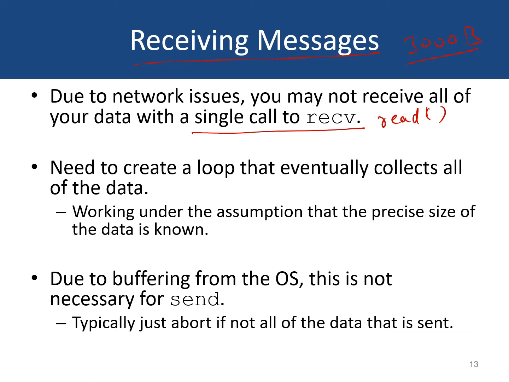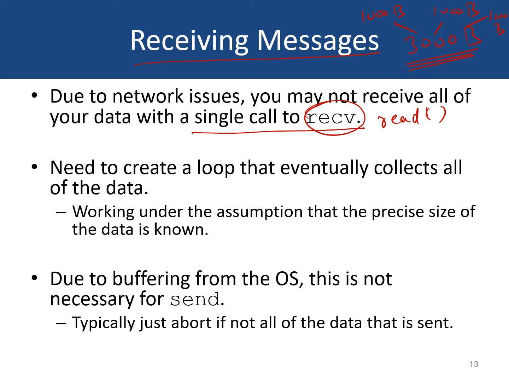However, still it is possible that in the network, when this 3000 bytes of data was traveling from the sender to the receiver, it got fragmented. So it is possible that this 3000 bytes of data got fragmented into 3 chunks of 1000 bytes each. So when you make a call to the receive function, you may not receive the entire 3000 bytes that you are expecting to. You may receive it in chunks of 1000 bytes over 3 iterations.